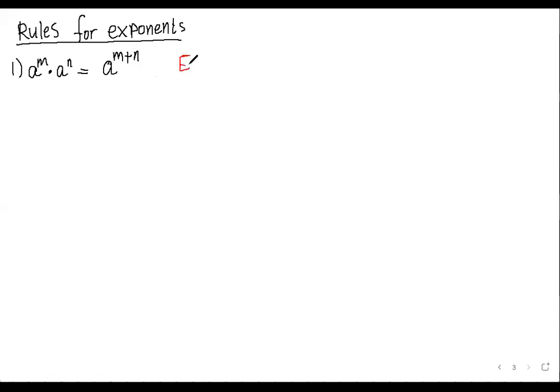Example, if I have, for example, 2 to the power 2 times 2 to the power 3, what's the answer? 2 to the power 5. We do sum for 2 plus 3, and they give me 2 to the power 5.